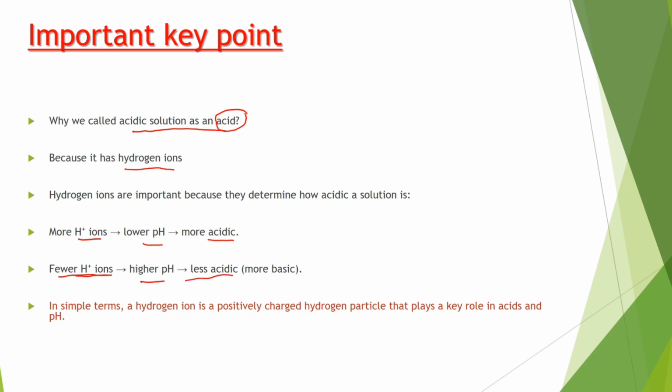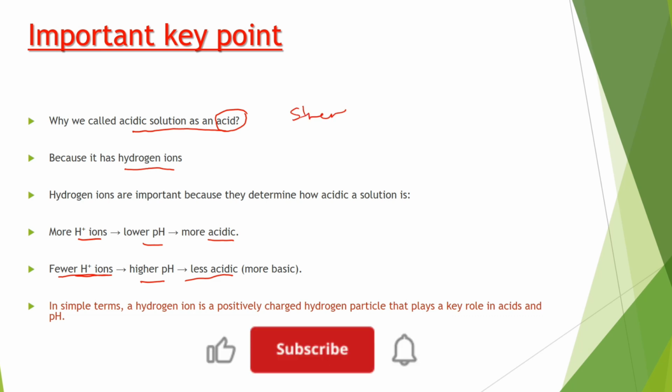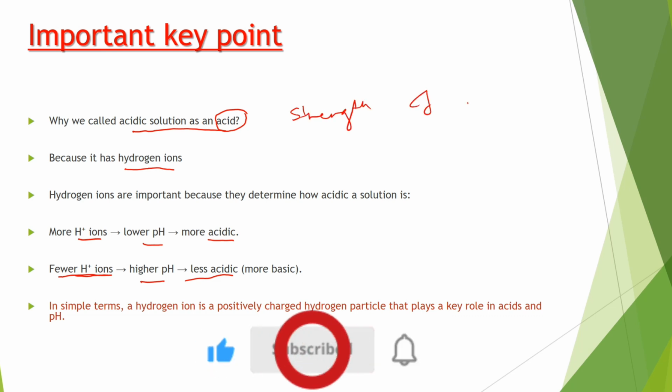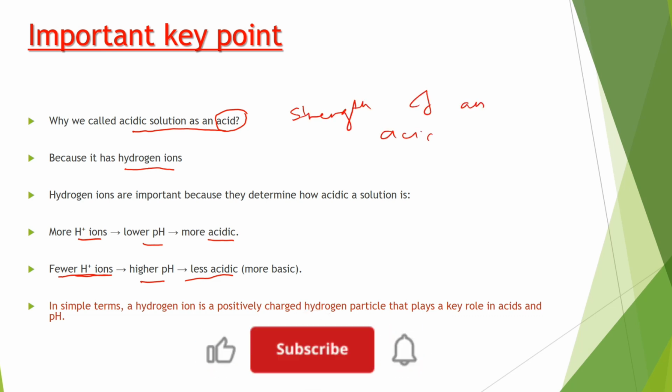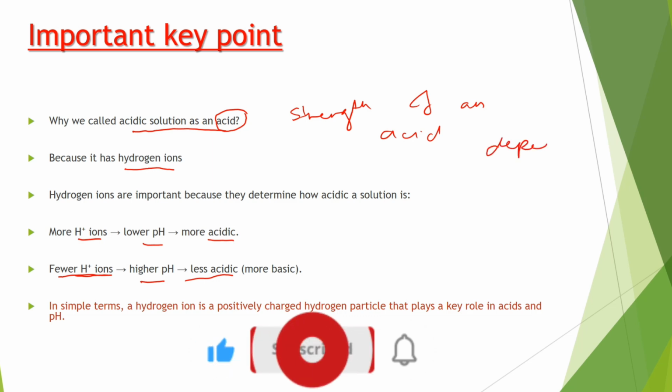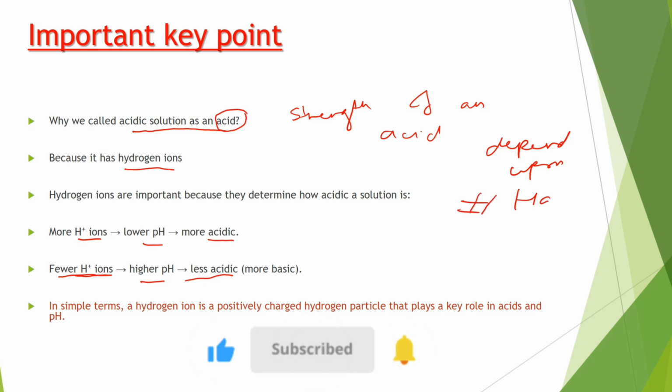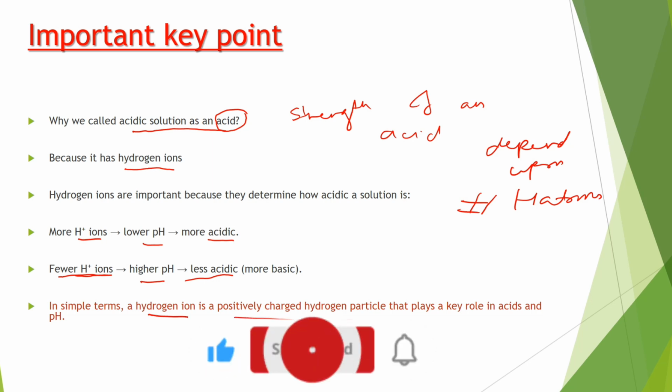So we can say the strength of an acid depends upon the number of hydrogen ions present in it. In simple terms, the hydrogen ion is a positively charged hydrogen particle that plays a key role in acids and pH.